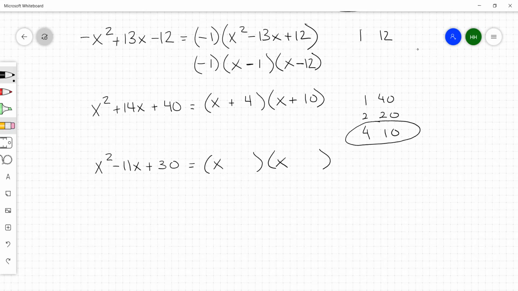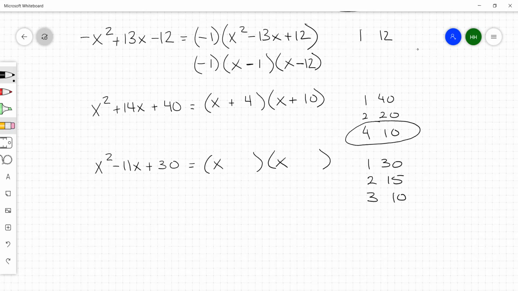And we start listing the factors of 30, which are 1 and 30. Those don't combine to an 11. 2 and 15 don't combine to an 11. 3 and 10 do not combine to an 11.